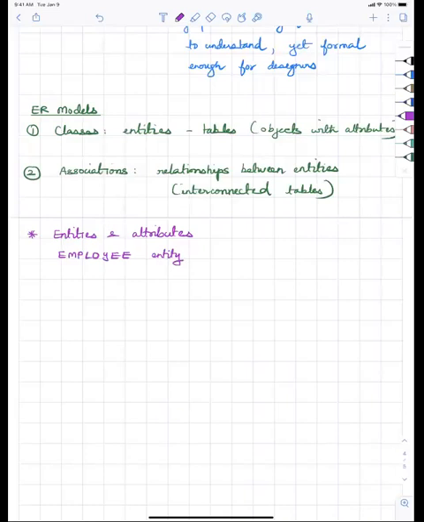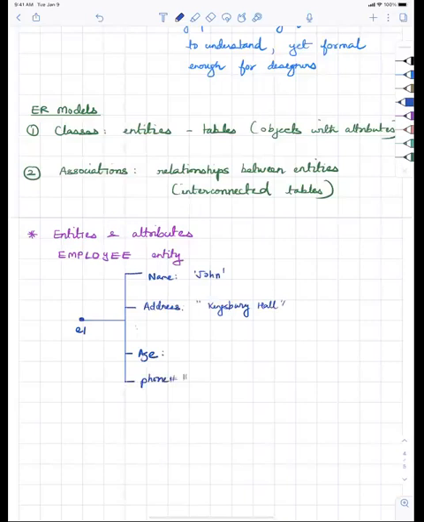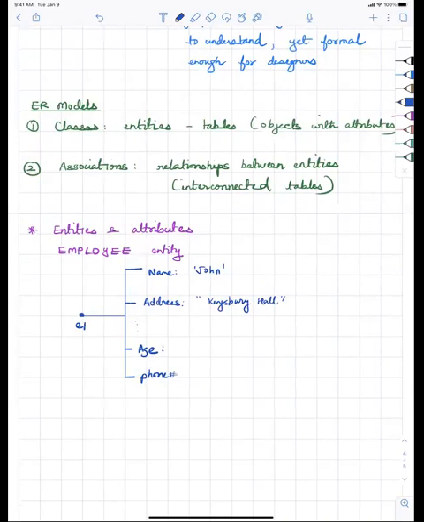So let's say E1 is an employee, and there are several attributes related to E1. E1 has a name, let's say his name is John. He has an address, he has an age, and so on, and phone number and all that. So that's what we mean by an employee entity: it has employees in it, and each employee has attributes.